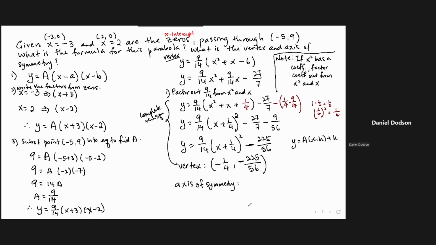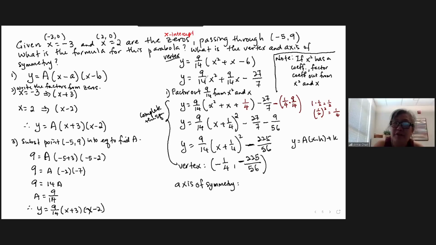You would always need to factor out the coefficient from the first and the second term, but not the last term. Because you did not factor out 9 over 14 from the last term, whatever you minus has to multiply back with whatever you factor out.